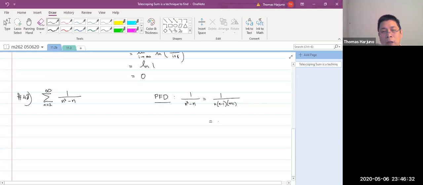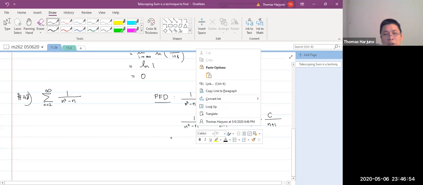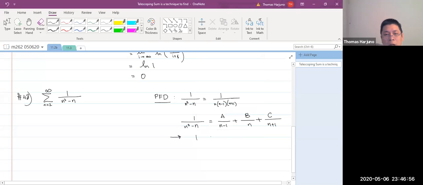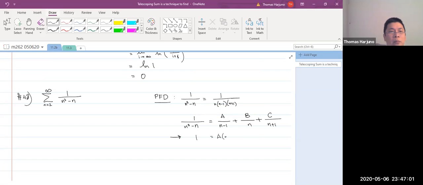Okay, so I get something over n minus 1 and n plus 1 with coefficients on top, which if I multiply by the LCD, I get 1 equals A times n plus 1.